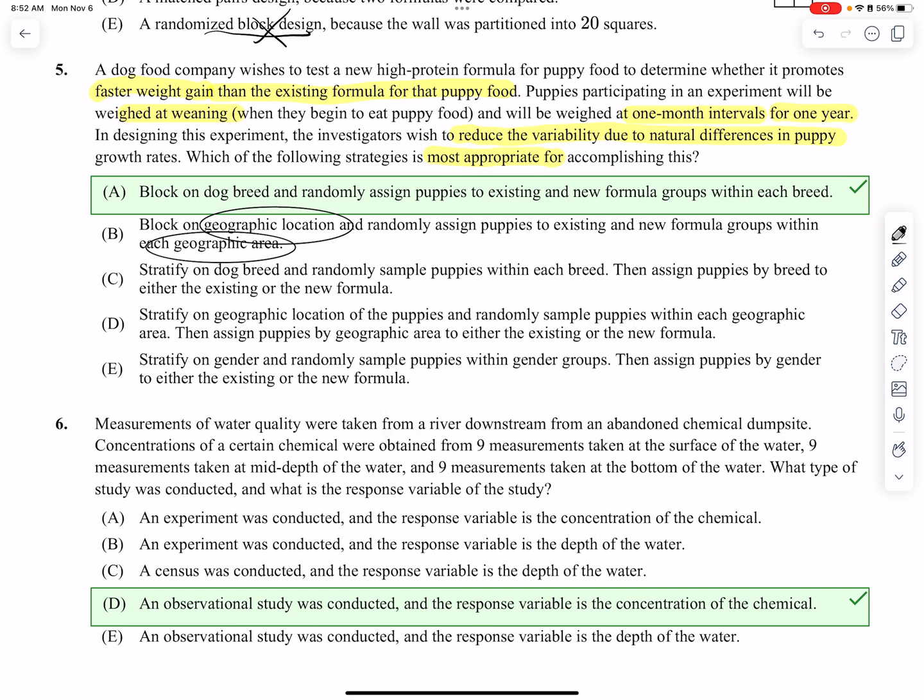Maybe slightly, but that's not going to be the biggest difference. The breed's definitely going to be bigger. This is stratify. Cannot stratify. You see these, stratify. The reason stratify is wrong is because, remember, stratify is for surveys and observational studies, and blocking is for experiments. And you can remember when you're making your survey you write the word stratify, and when you're designing an experiment you write the word block.